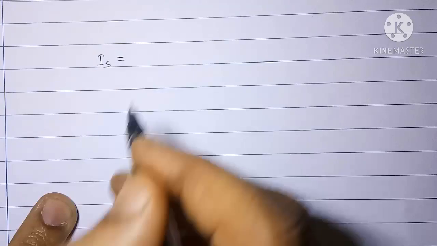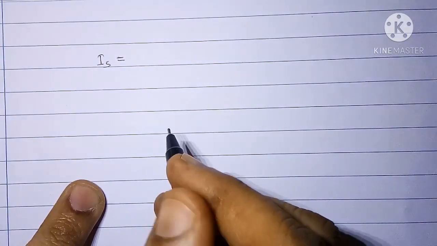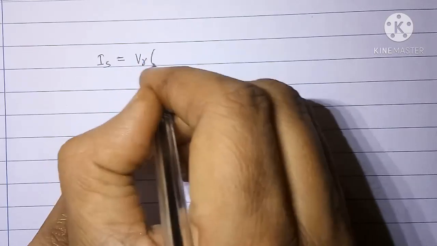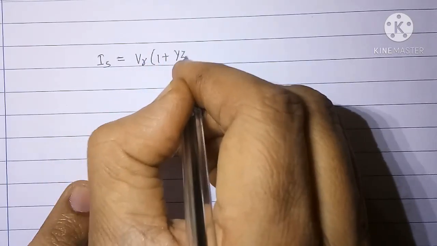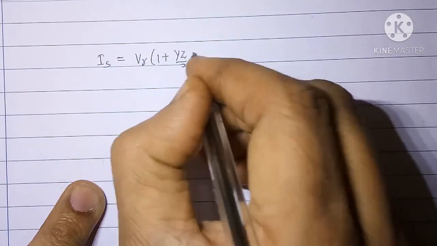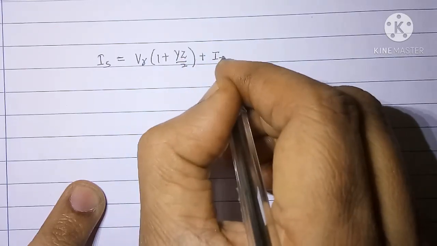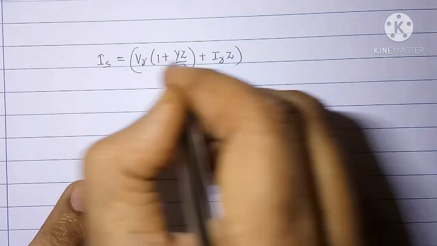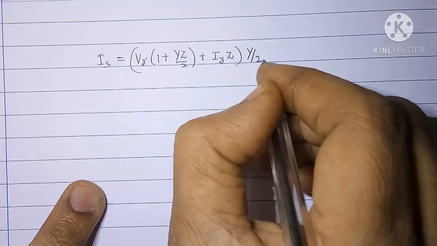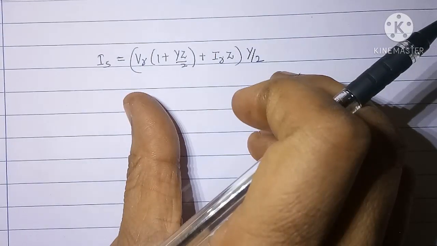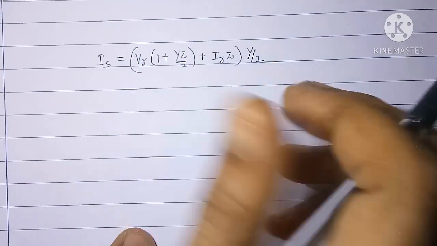Substituting for Vs we get VR into the bracket 1 plus YZ by 2 plus IR into Z into Y by 2. This is first term in expression for IS.